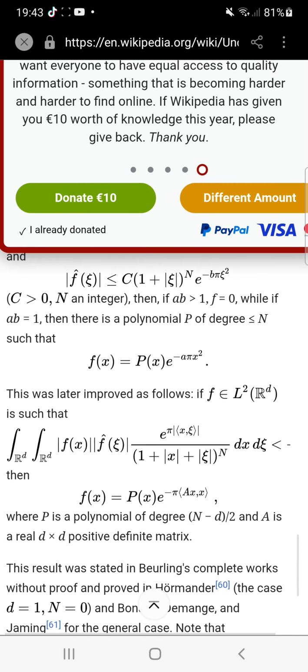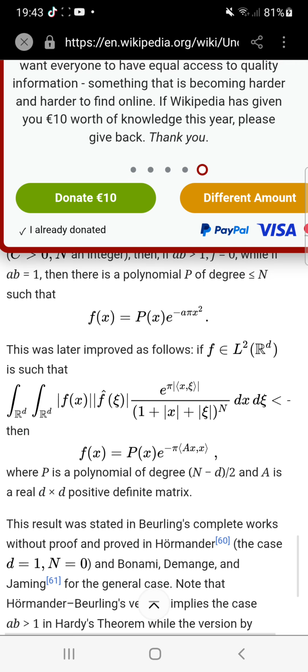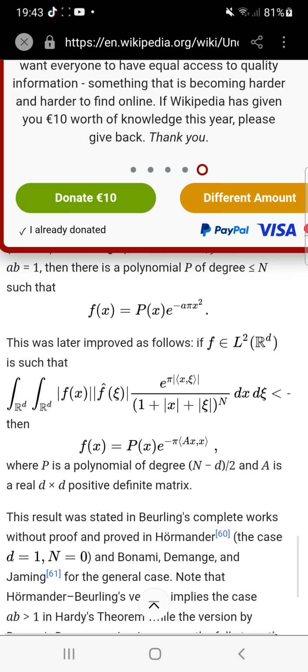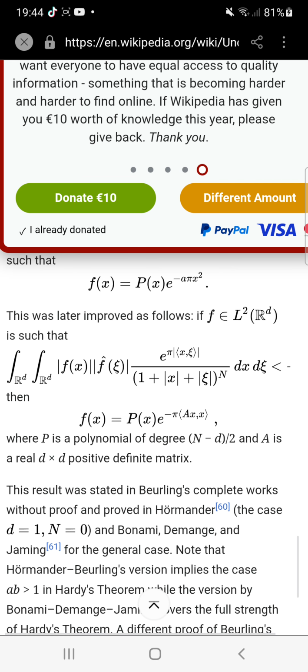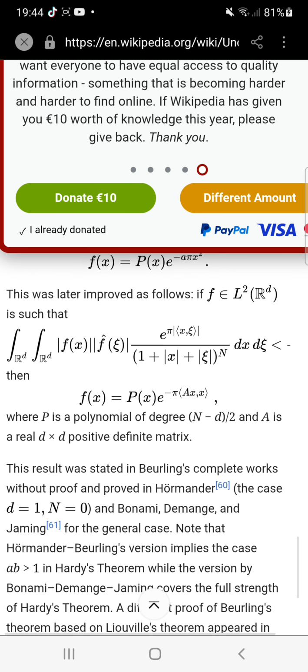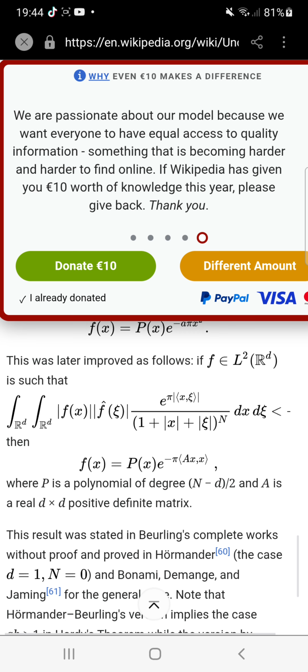Then if alpha beta is greater than 1, f equals 0, while if alpha beta equals 1, then it has the form f of x equals P of x times e to the power of minus alpha pi x squared, where P is a polynomial of degree smaller or equal to N.